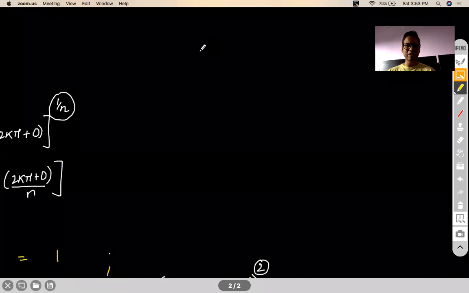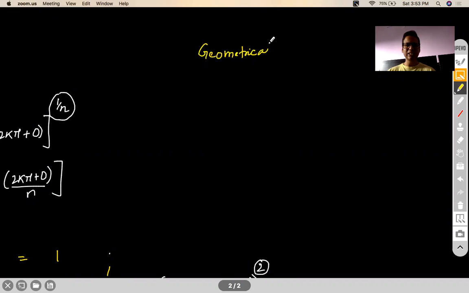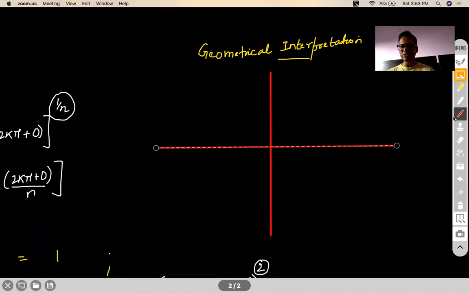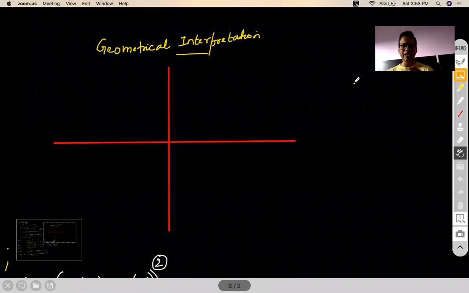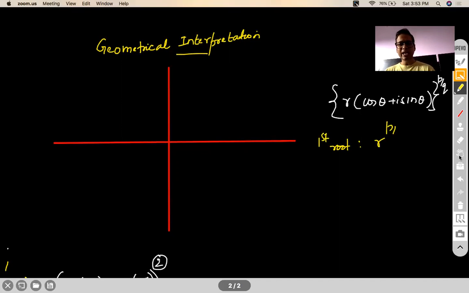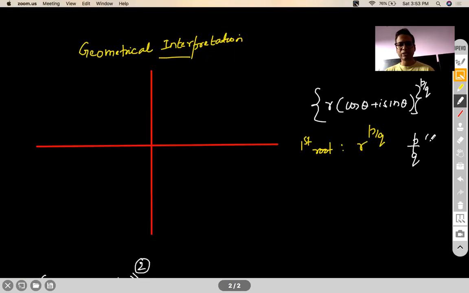The geometric interpretation of the nth roots of unity is, you normally have the first root, which is located at a distance of, remember your last class, that if your complex number is r cos theta plus i sin theta, and you're finding the p by qth root of this complex number, your first root will be located at a distance of r to the power p by q and at an argument of p by q theta. Do you remember this?